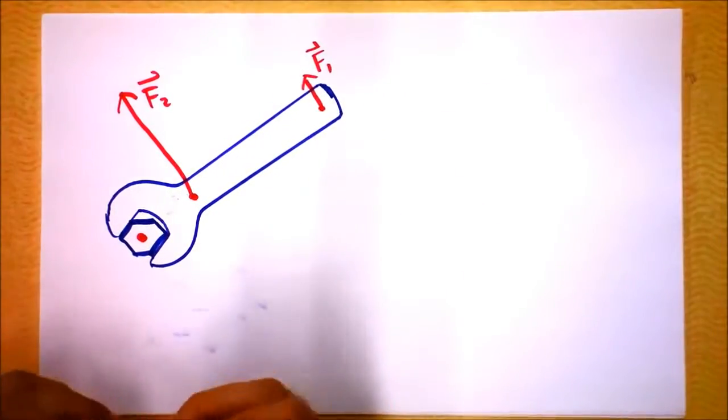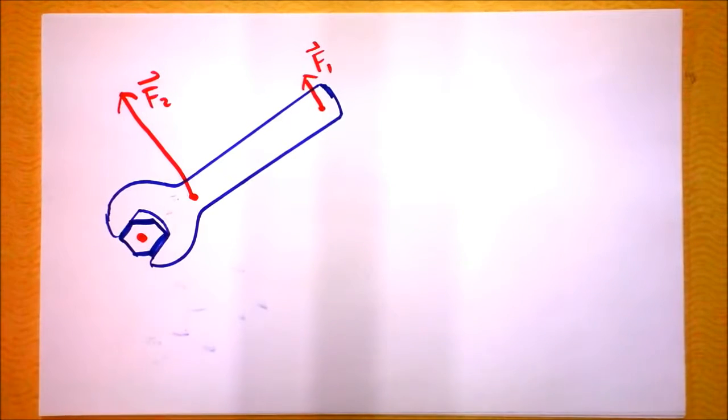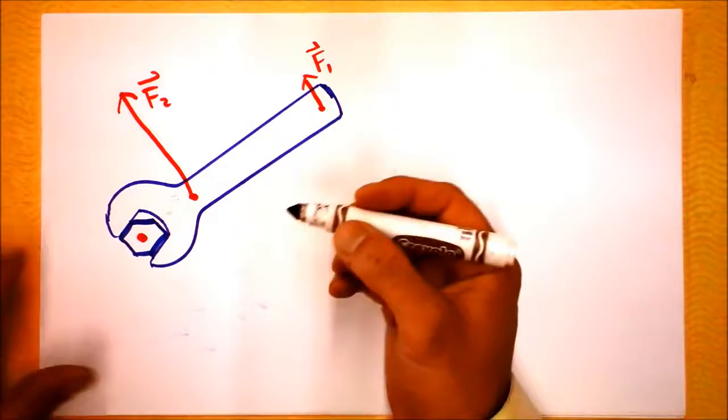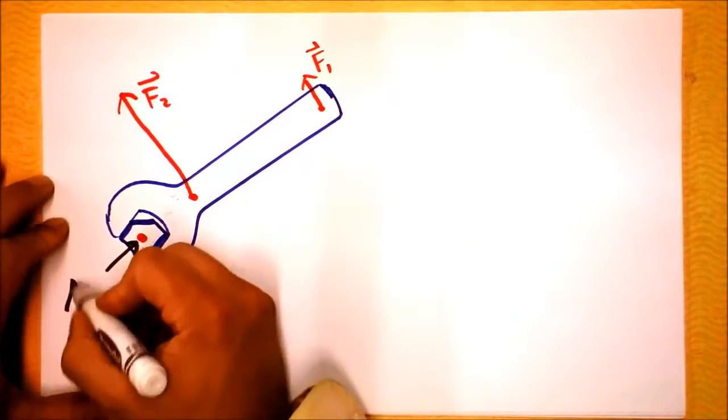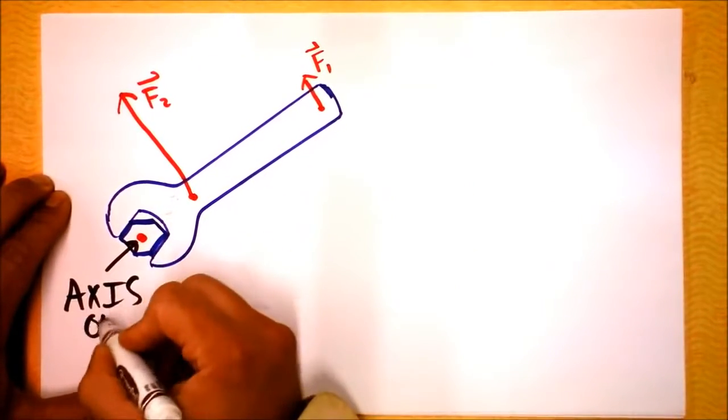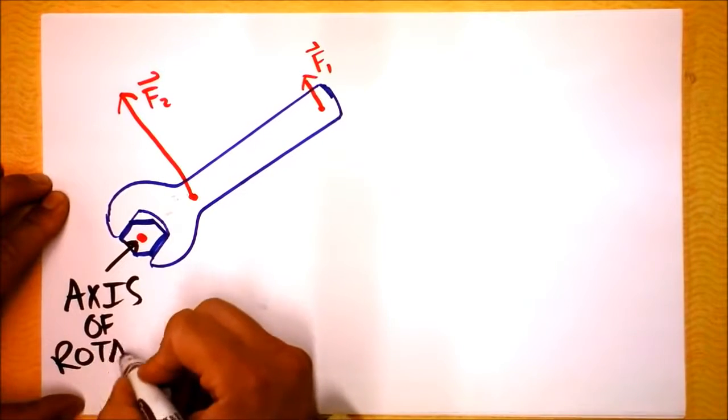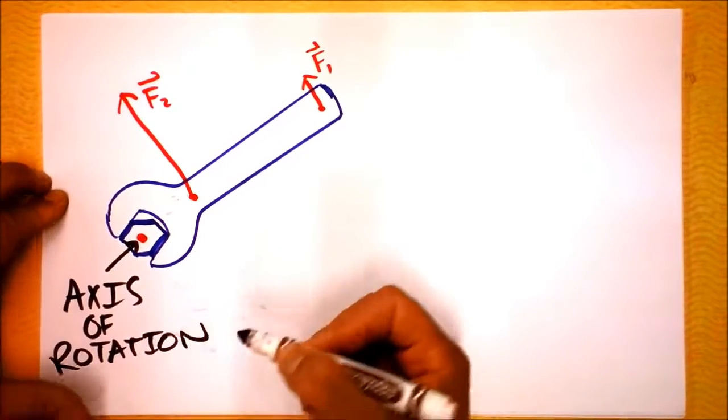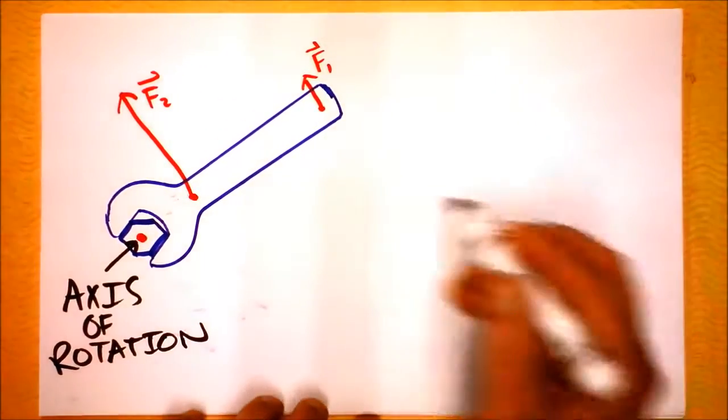And these two forces can be distinguished by the distance that they are away from the axis of rotation. So we got to label that sucker. In fact, for every problem, identifying the axis of rotation is super, super important.